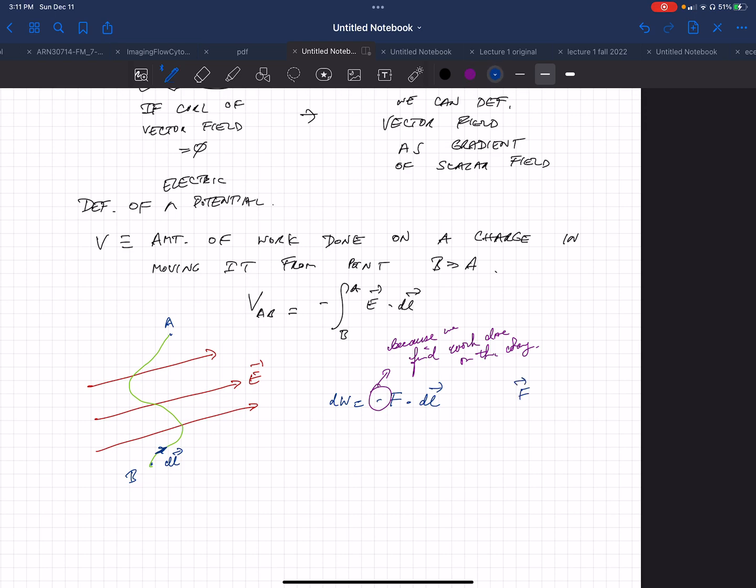And force is related to the electric field by multiplying the unit charge by the electric field. Because there's no magnetic field, it's simply QE. And so this is minus QE dot dl. So the total work to get from B to A over Q is minus the integral from B to A of E dot dl.